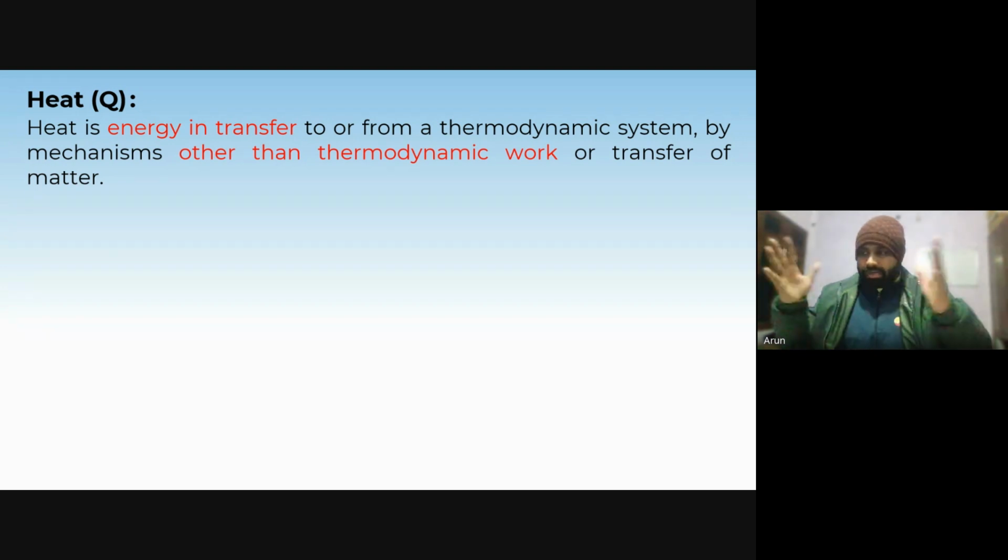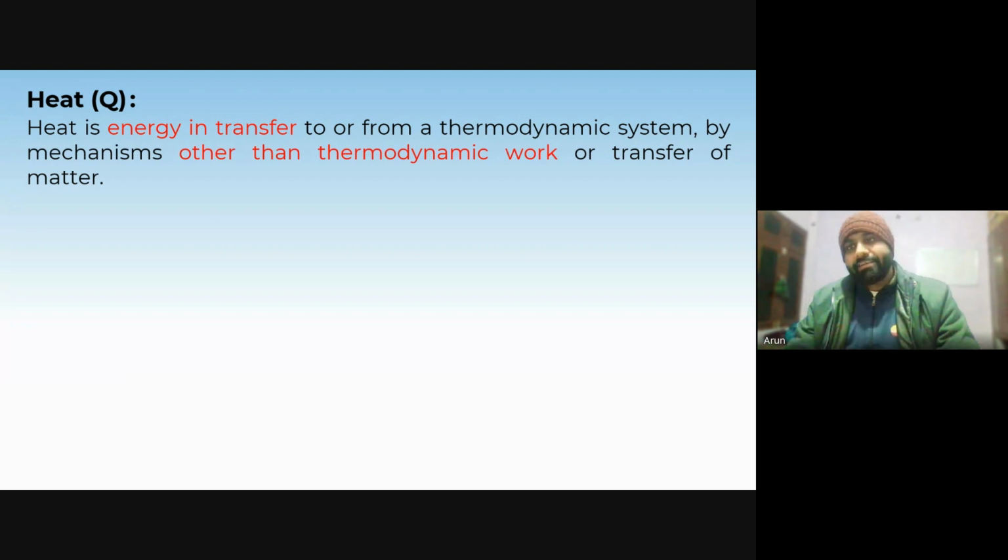Got it? You have a cylinder in your household. Can you say that it has this much amount of heat? No, you can't say that, because heat is a kind of energy which only appears when it is in transit, when you are transferring it. When you open the stove and burn the gas, then you can say that I am transferring heat to the system, and that amount of heat you can calculate.